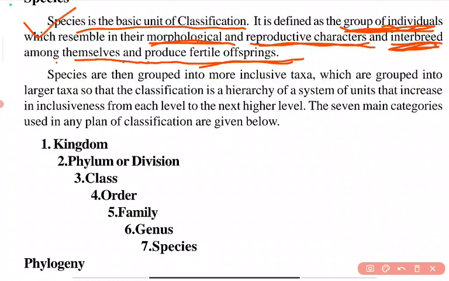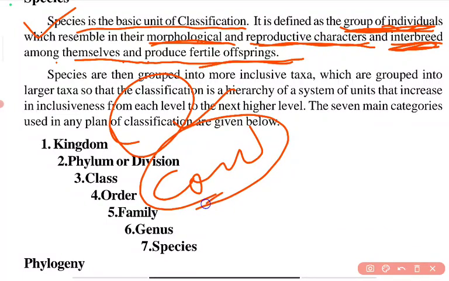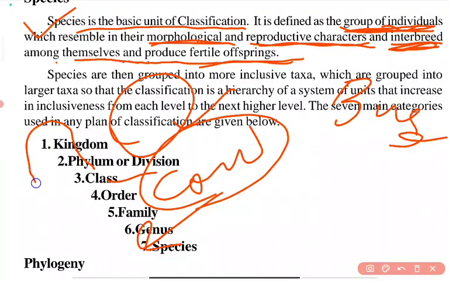For example, friend, suppose that there is a cow. Suppose there is a cow, it is one species. ठीक है, and suppose there is a buffalo, this is one species. So cow, ox and different cows and ox, है ना, they are a species.